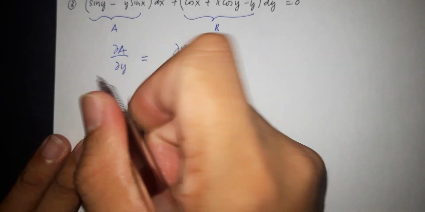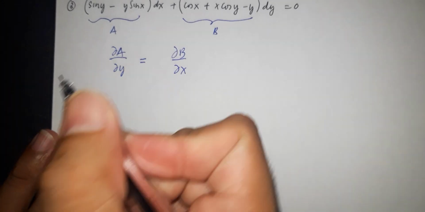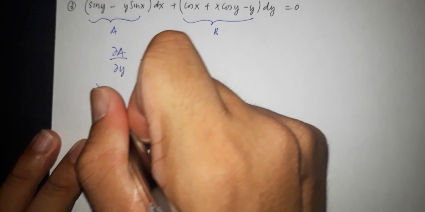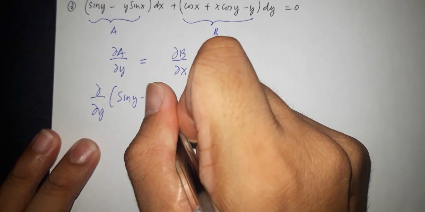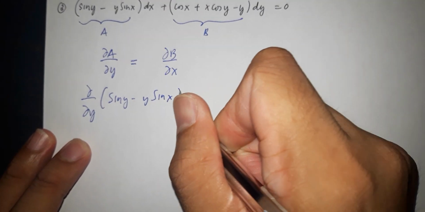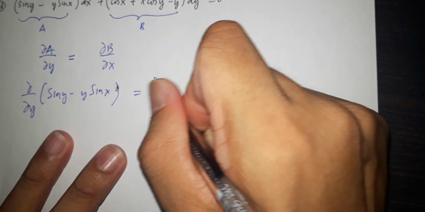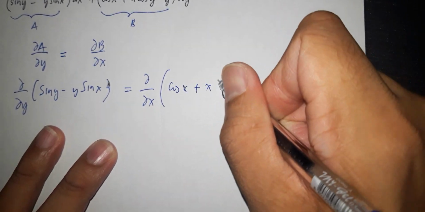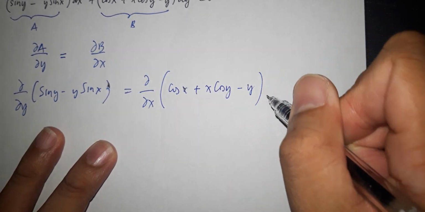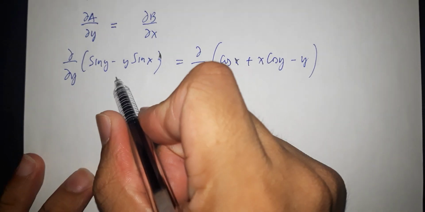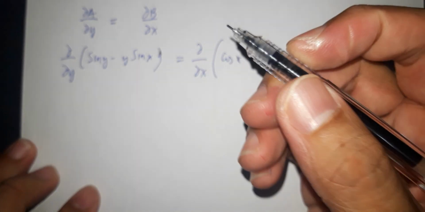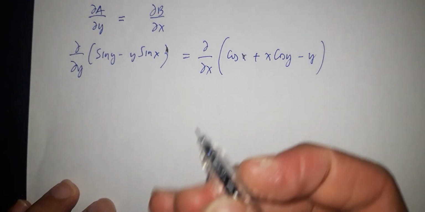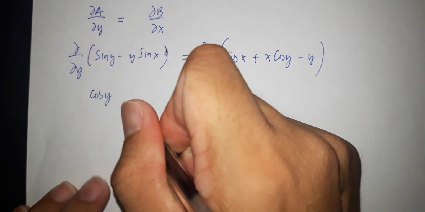So, let us take the partial derivative of sin y - y sin x with respect to y. That must be equal to the partial derivative with respect to x of cos x + x cos y - y. Treating x as constant, the partial derivative of sin y is cos y.